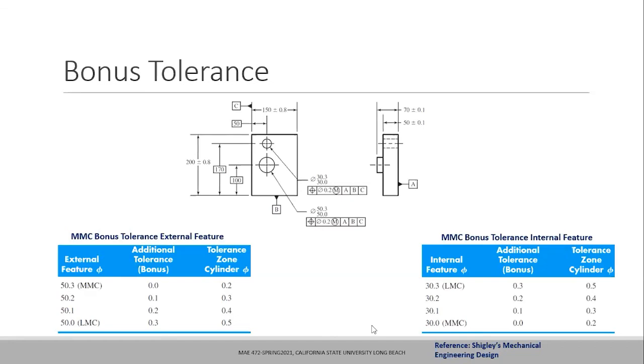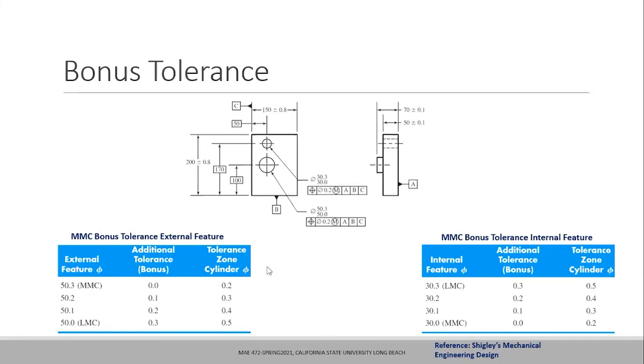Yes, it will be 50.3, because at that point you will have the maximum material condition in that feature. Now, this feature control frame says that I will have a position tolerance on the axis of this extruded part within a cylindrical tolerance zone of 0.2 millimeters when the part is fabricated at its MMC. That means when the part dimension is 50.3, my tolerance zone for the axis is 0.2 millimeters.